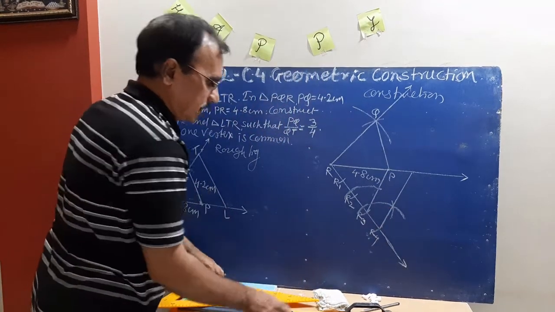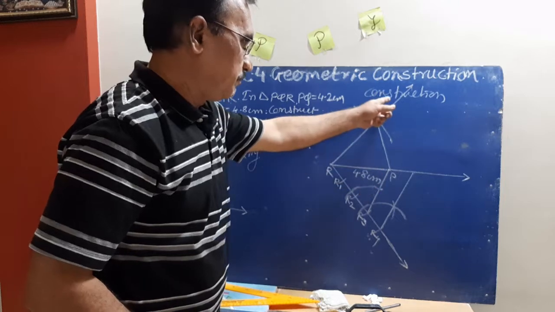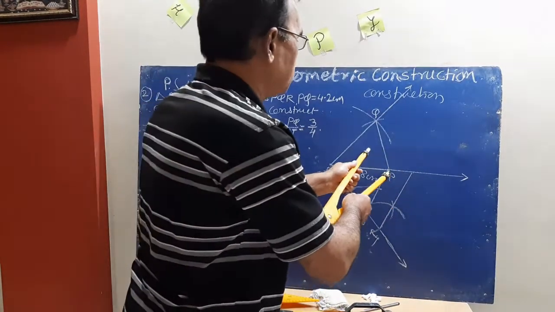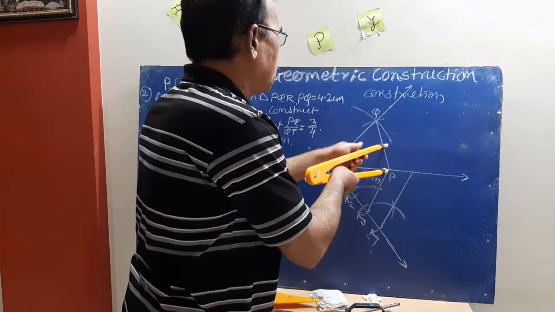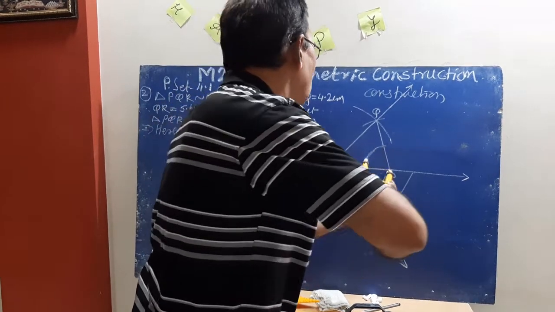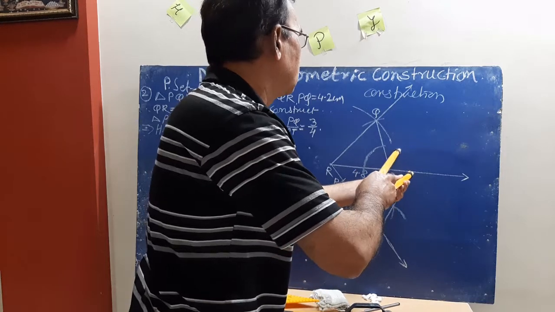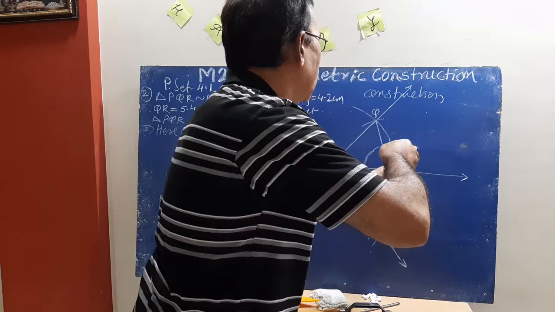Then again we have to construct a line parallel to PQ. Again the same procedure. Put the pointer here, take a convenient radius, draw an arc, put the pointer on this point, take a convenient radius and draw an arc.